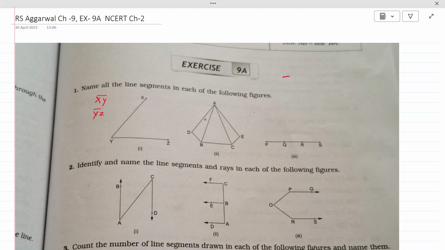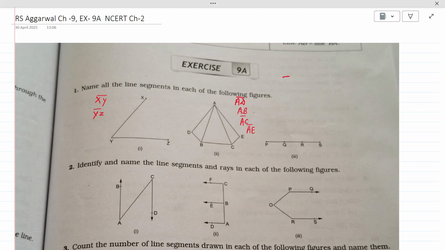Now coming to the B part. Here we have 5 points A, D, B, C and E, and all of these are line segments because they are not going further beyond these points, and also the end point is a point, not an arrow. So now we can name them easily. It is AD, the first one, then we have AB, AC and AE.